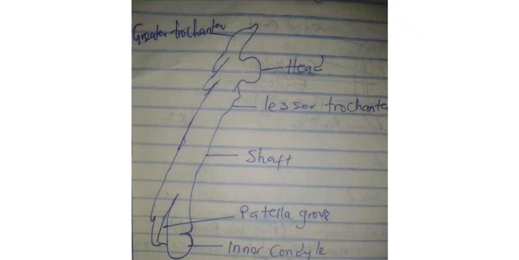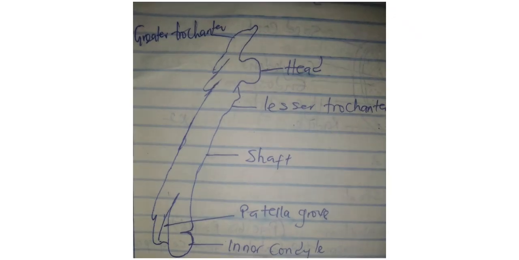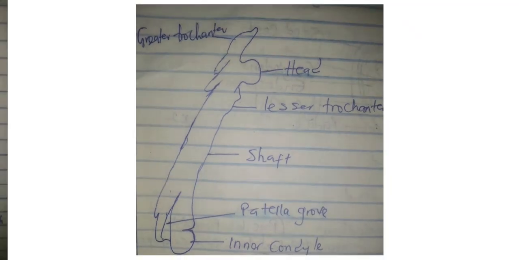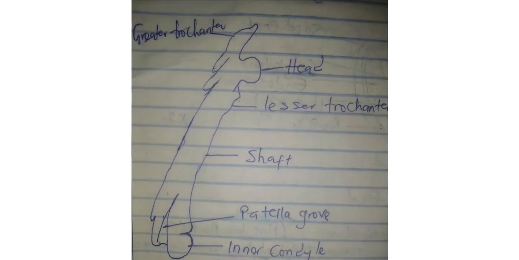Now, you will definitely be asked the observable differences between specimens H and I. So let's analyze it right now. The similarities between the humerus and femur are that both have a round head. You can see the round head in the femur bone.